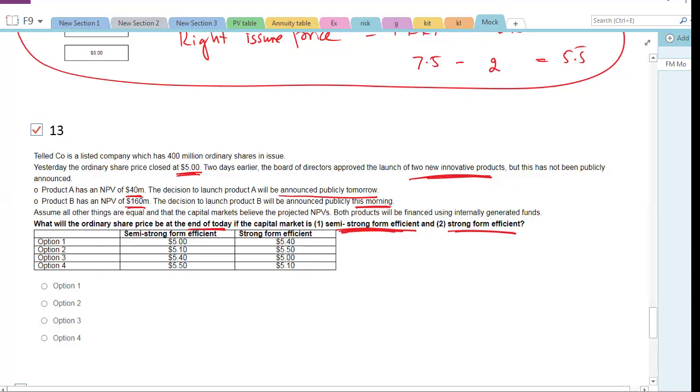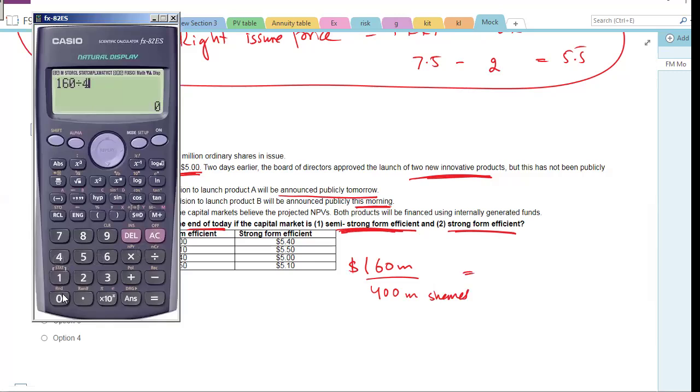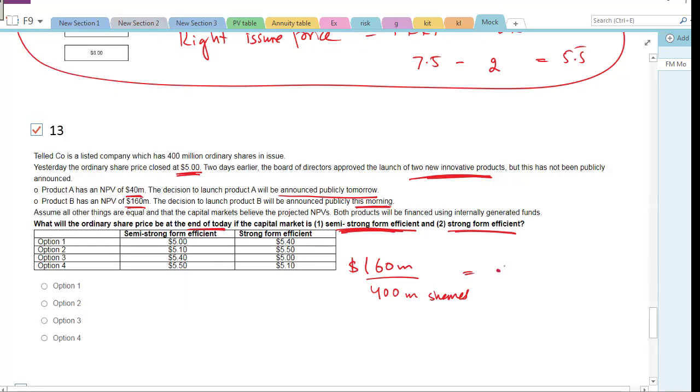And now, if the NPV is 160 million, and we have overall 400 million shares, so per share, the NPV will be reflected in the share price as 0.4. So if the share price is $5, with this announcement, the additional benefit will be $0.4.